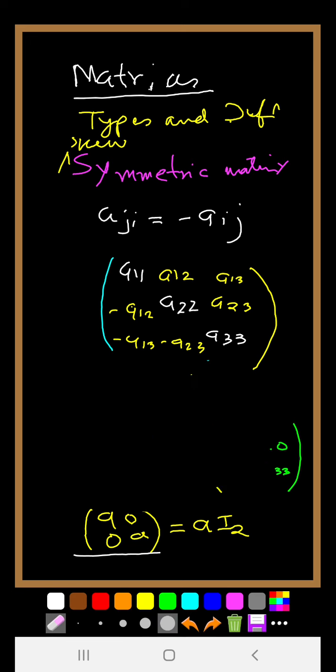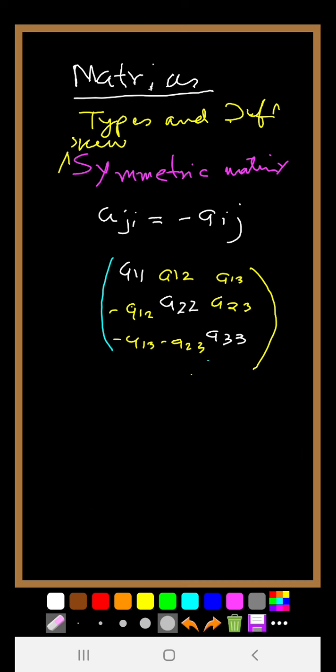The next type of matrix that we will discuss is the inverse of a matrix.